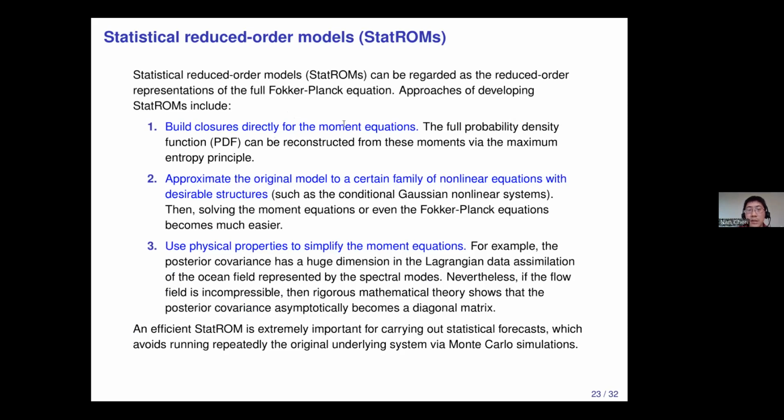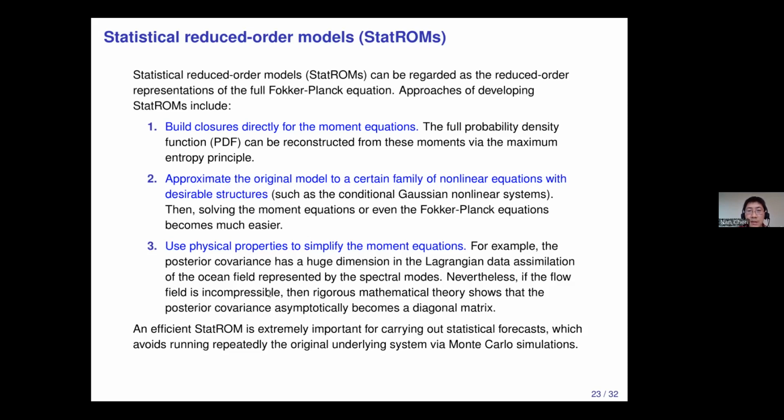It works in many cases, and it's the simplest possible method. You can also approximate the original model to a certain family of nonlinear equations with desirable structures, like the conditional linear system I just showed. Then you can solve the moment equations or even Fokker-Planck equations much easier using the analytical properties.